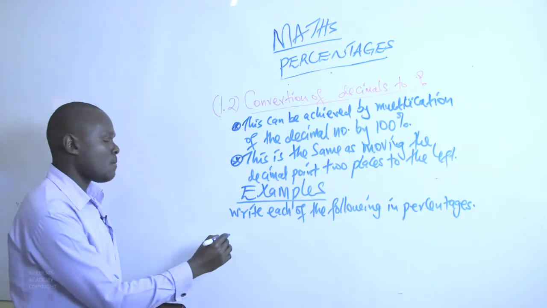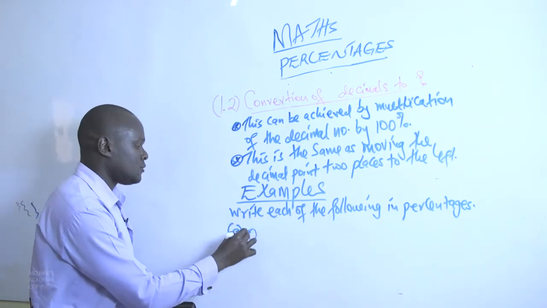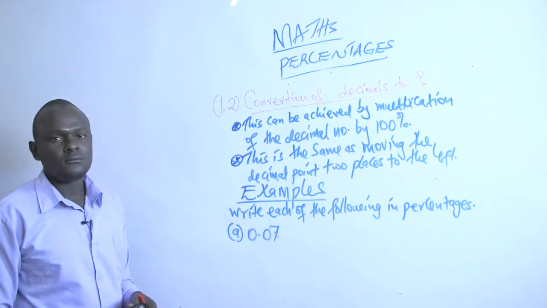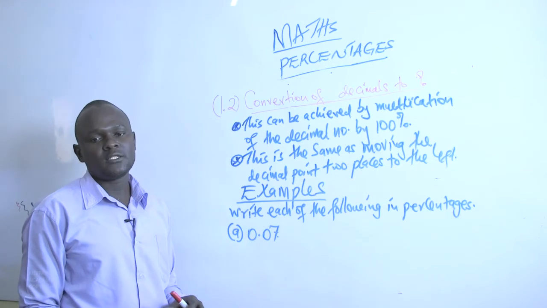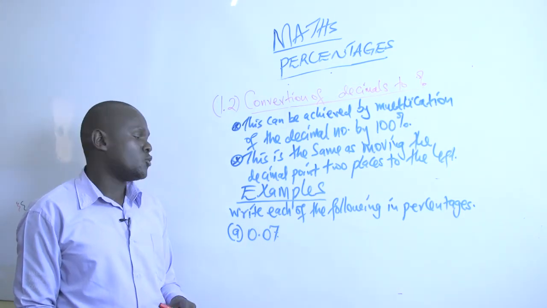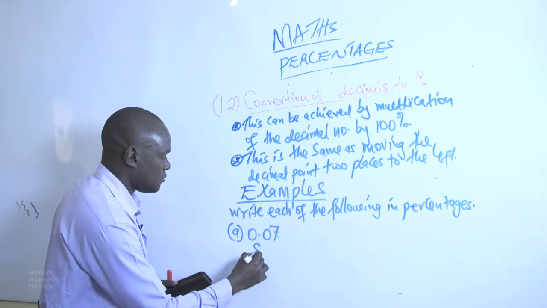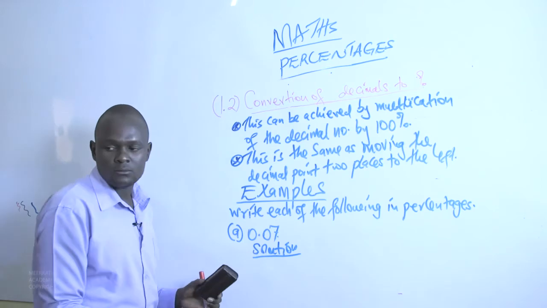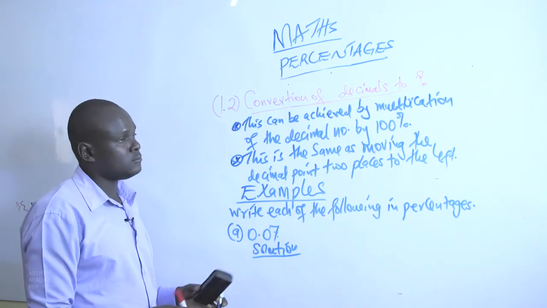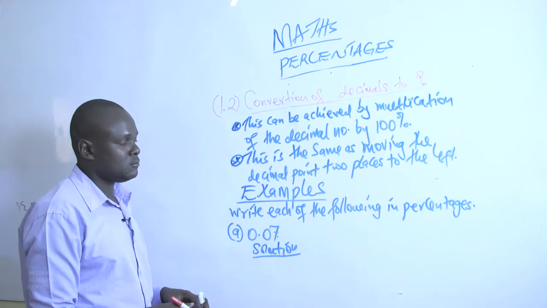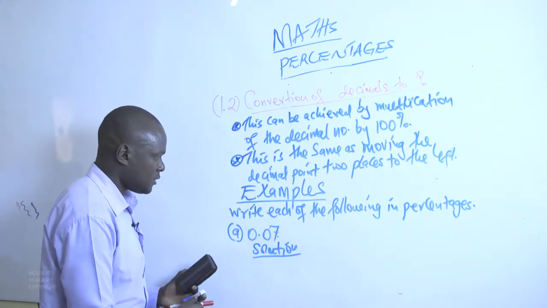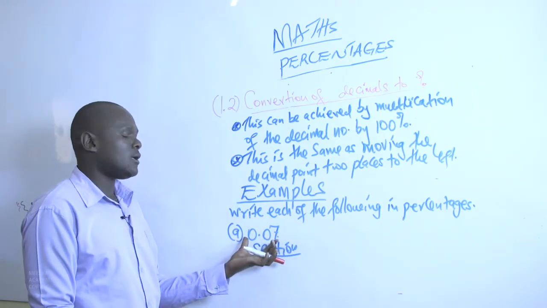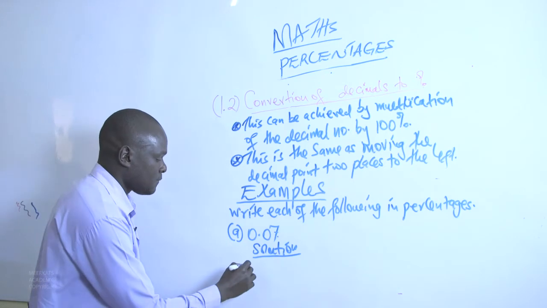And our first example is 0.07. This is a decimal number. We want to convert it to percent. We said the first step, or the only step that we have, is that we multiply this particular number by 100%.